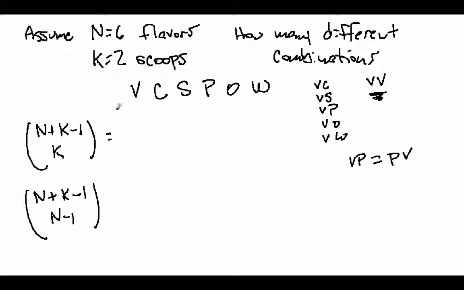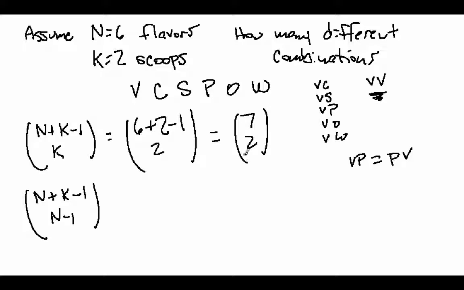So in this case, it's going to be 6 plus 2 minus 1 choose k, which is 6 plus 2 is 8, minus 1, this is 7 choose 2. And over here, this is n plus k minus 1, 6 plus 2 minus 1, choose n minus 1, which is 5. Well, that's equal to 7 choose 5.